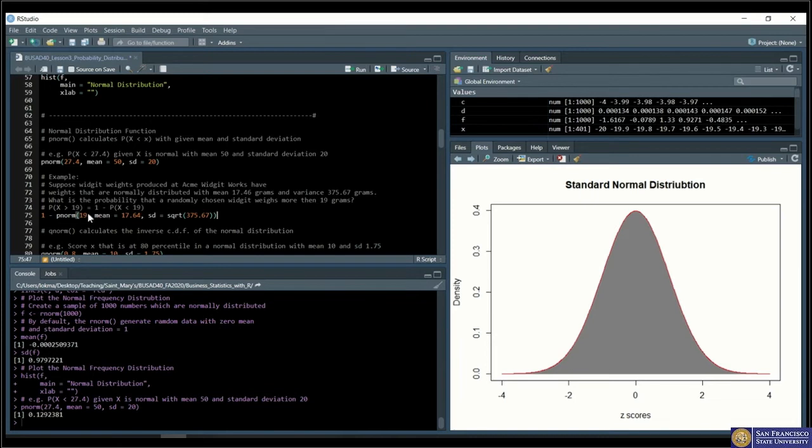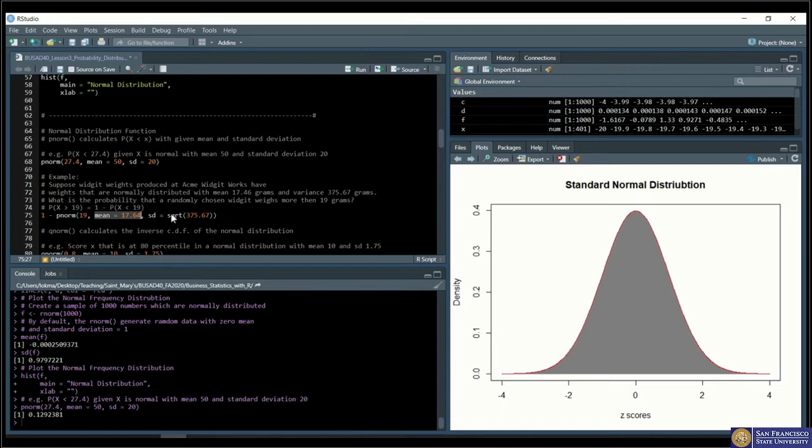This sample has a mean of 17.46, and since this is not population data, remember in class we talked about how, when dealing with sample data, we have to define our standard error.